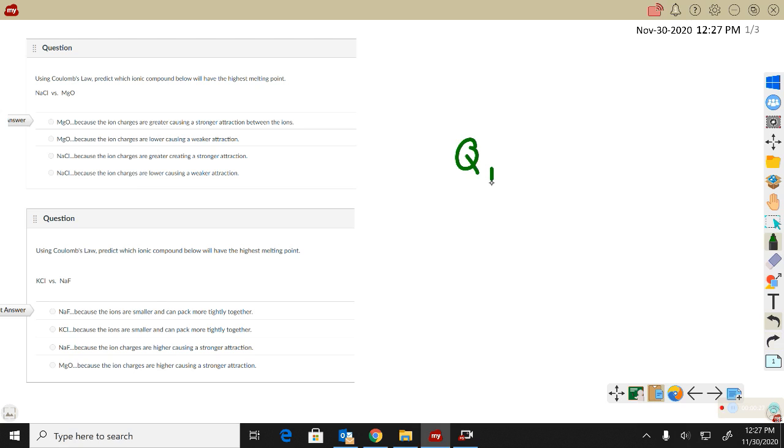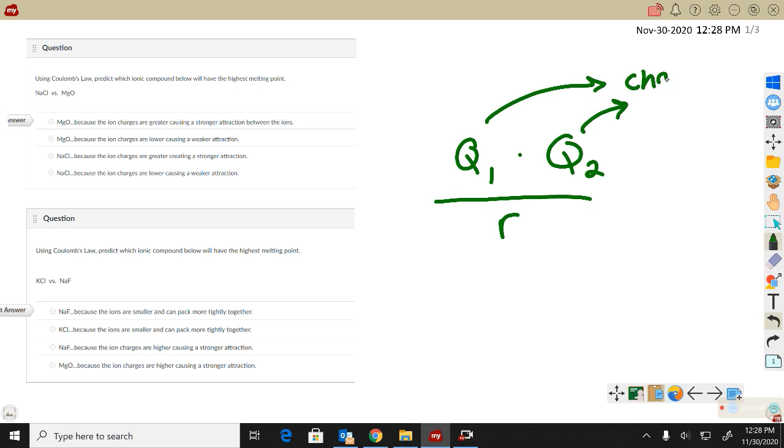of Q1 times Q2 over R, where Q1 and Q2 are the charges, and then R refers to distance.